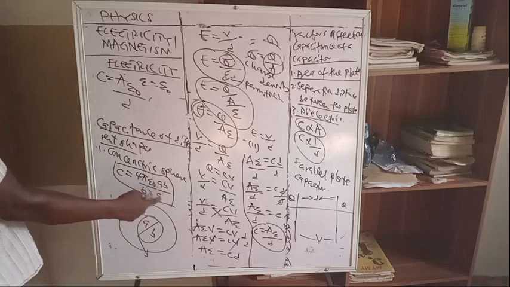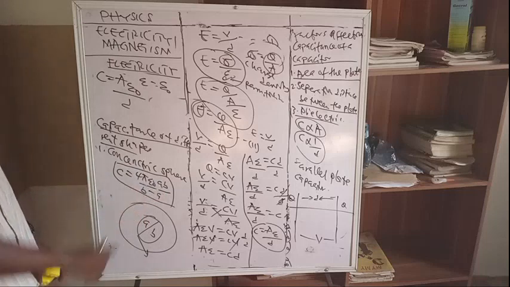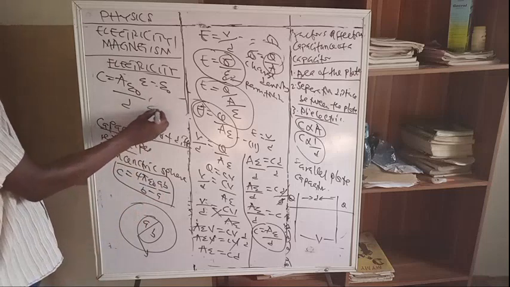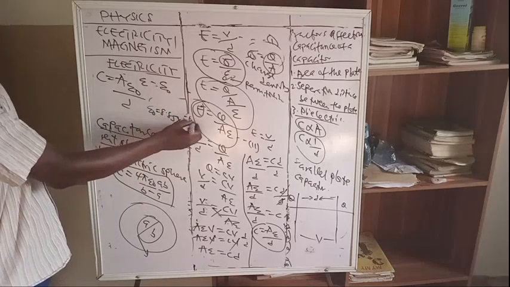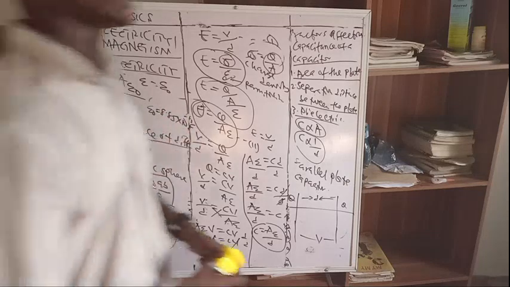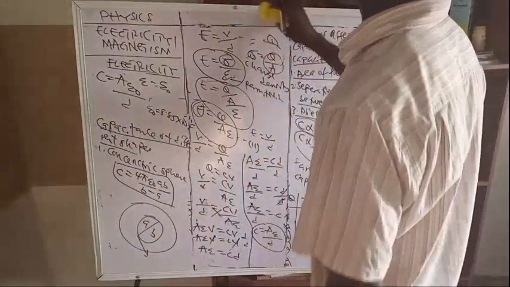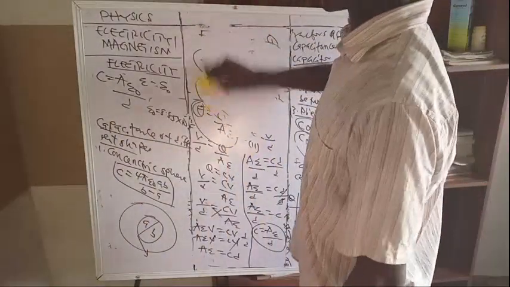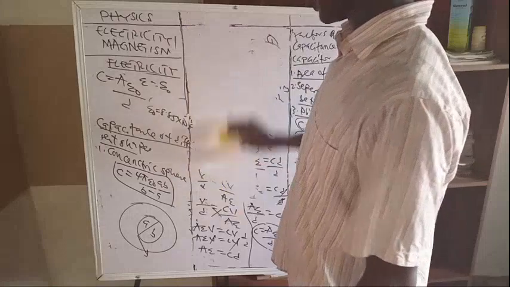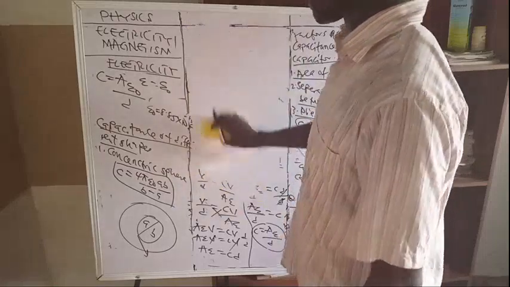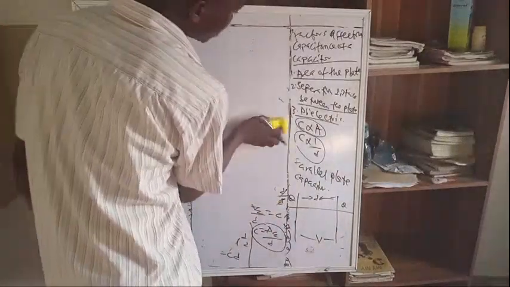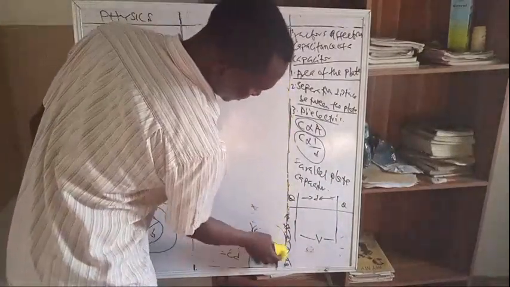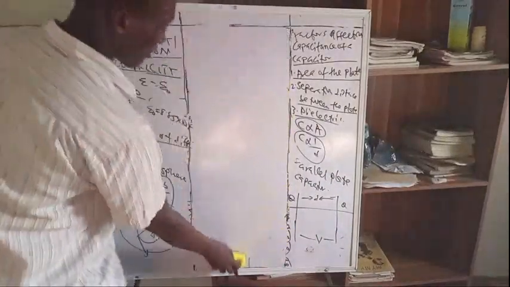A is the inner radius and B is the outer radius. Then your E naught is the permittivity of free space, which is 8.85 times 10 raised to power minus 12 farad. Okay, that's the first shape. Capacitance of a concentric sphere is given as 4 pi E naught AB over B minus A. Then let us look at number two, the capacitance of an isolated sphere.